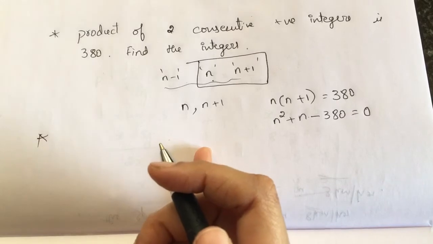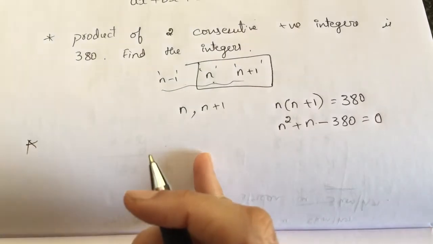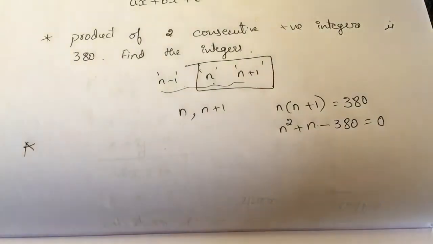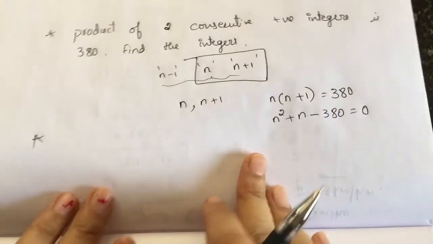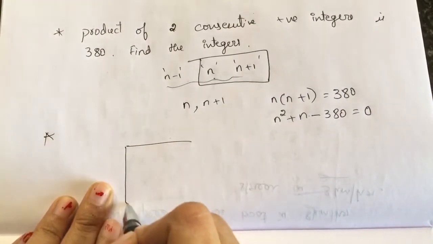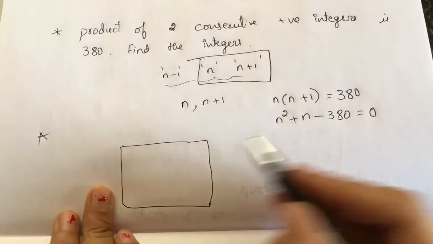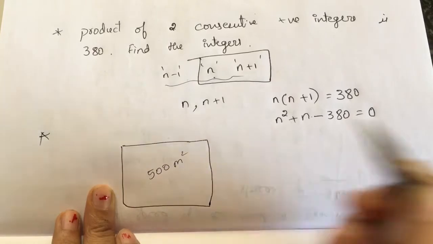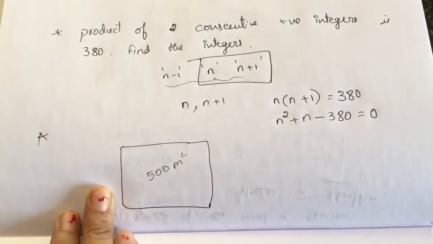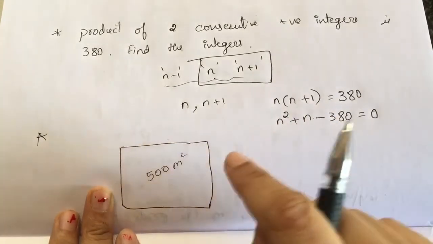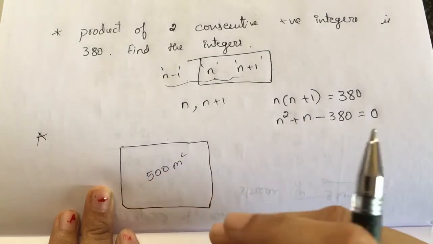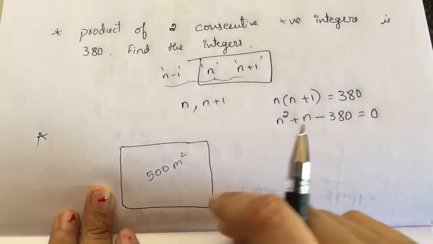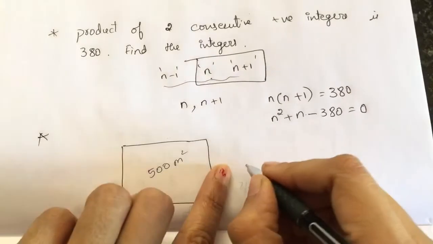Say some plot is there, a rectangular plot. Its area is given to you, say it's 500 meters square, and it is mentioned that the length of the plot is 5 meters more than its breadth.